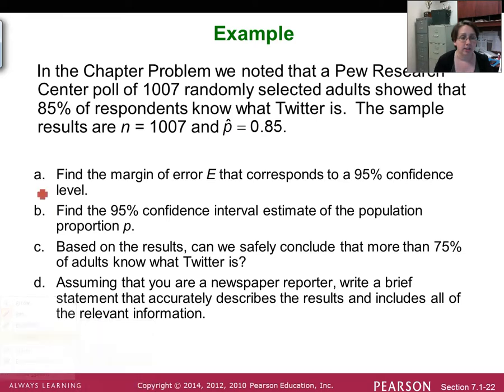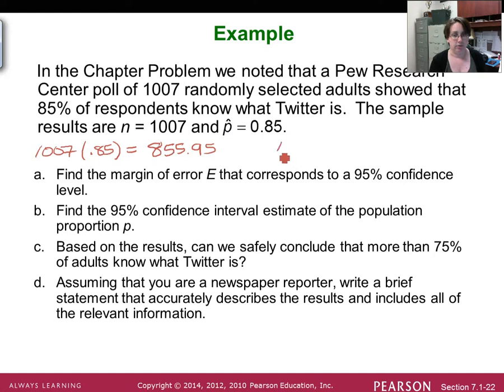So let's just check this. 1,007 times 0.85. If I can find my calculator. Oh, there it is. So 1,007 times 0.85 gives me 855.95.